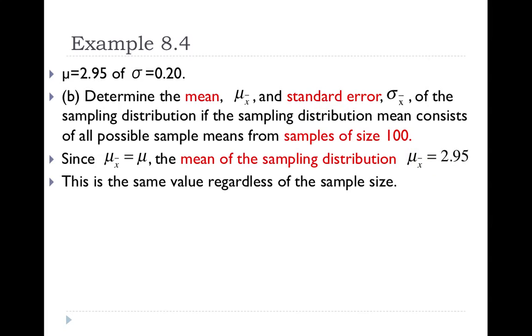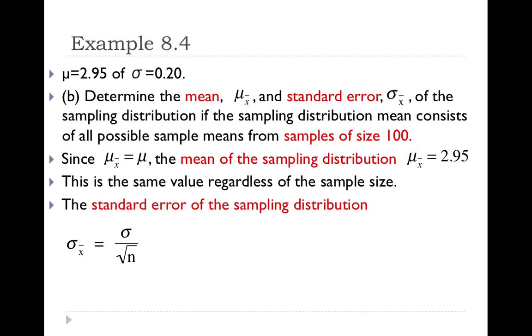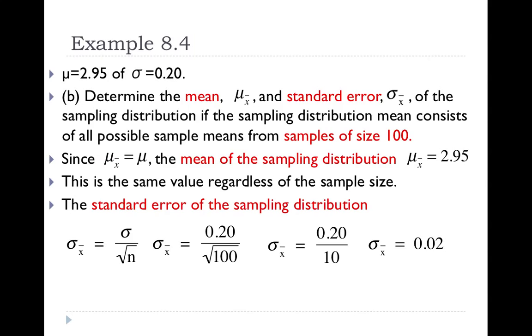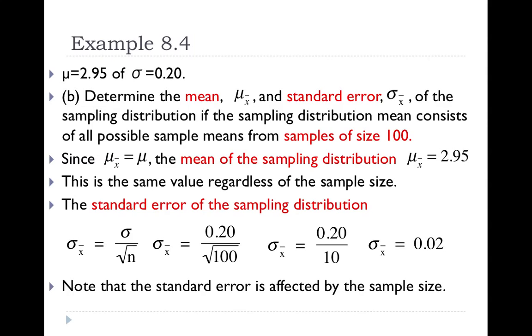It doesn't matter what the sample size is, it's always going to be 2.95. For the standard error, we apply the formula, sigma divided by the square root of n. So 0.2 divided by the square root of 100, and we know that the square root of 100 is just 10. So 0.2 divided by 10 becomes 0.02. The standard error is 0.02.